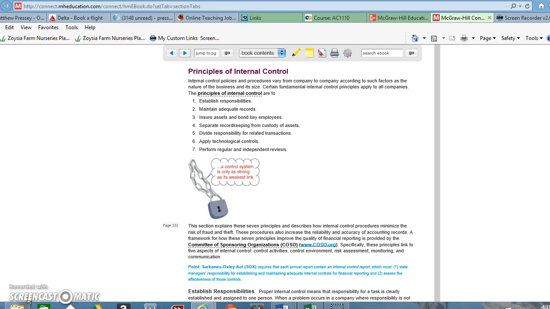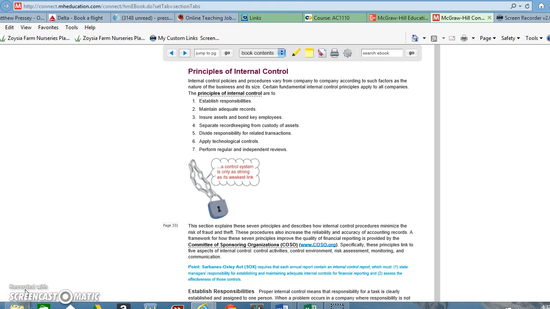Number 1, establish responsibilities. Number 2, maintain adequate records. Number 3, ensure assets and bond key employees. Number 4, separate record keeping from custody of assets. Number 5, divide responsibility for related transactions. Number 6, apply technological controls. And finally, 7, perform regular and independent reviews.